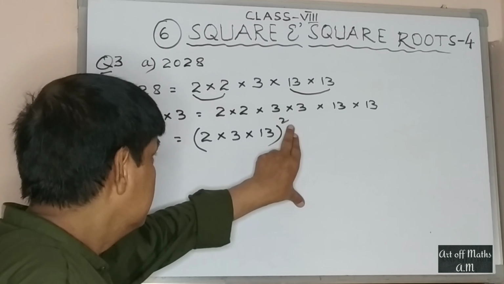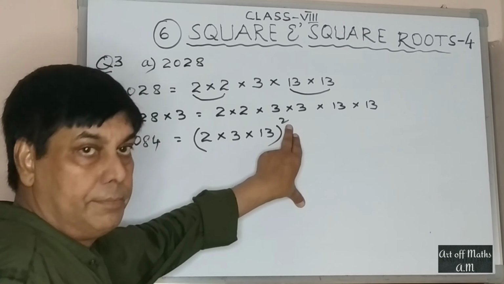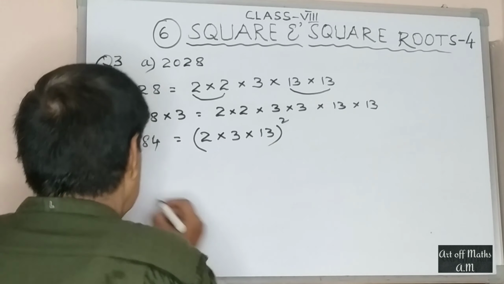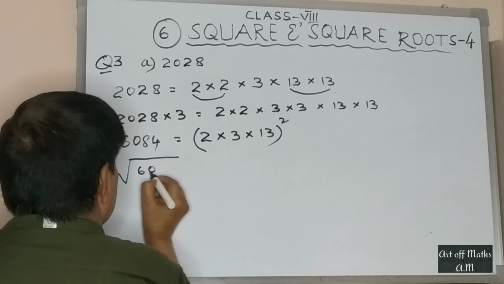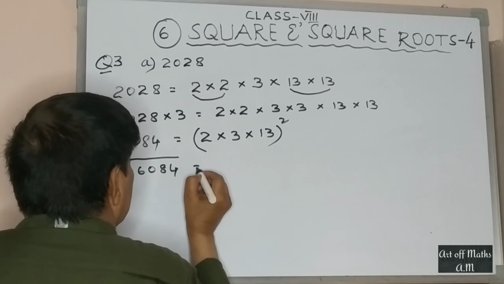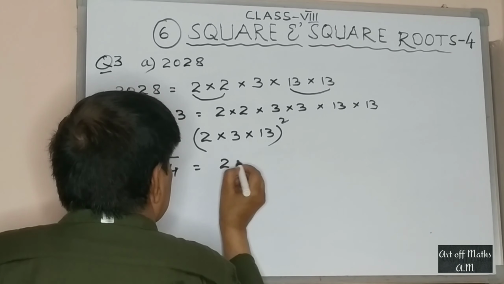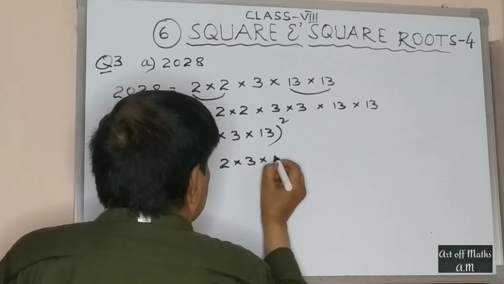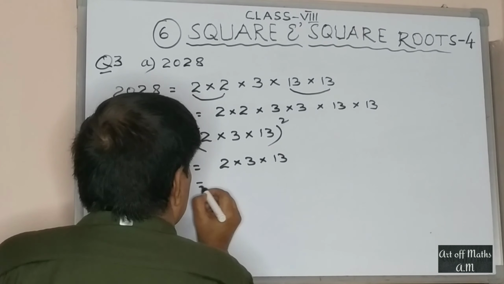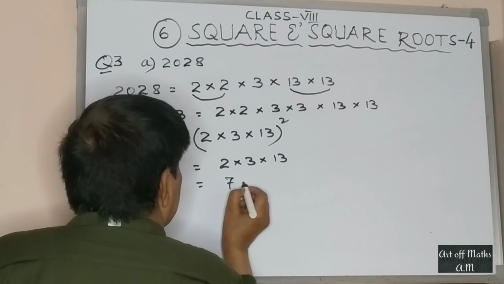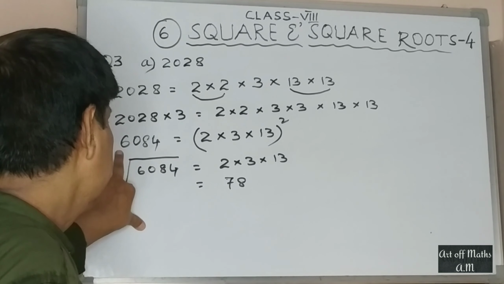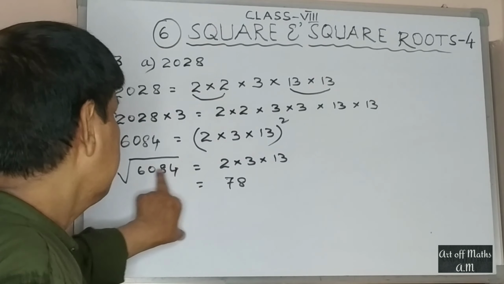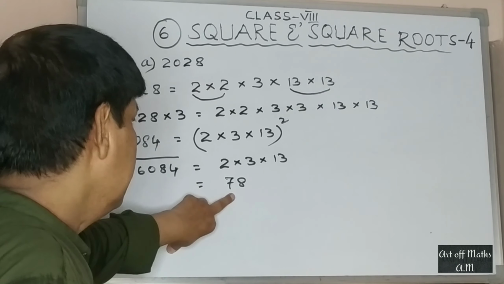Now here we are having a square. Now 6084, 2 into 3 into 13, that means 78. Square, this is the perfect square number, and the square root of 6084 is 78.